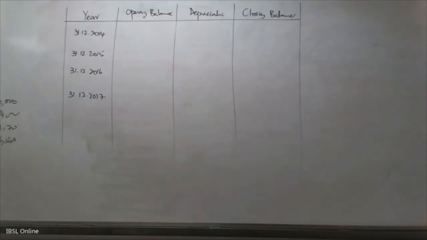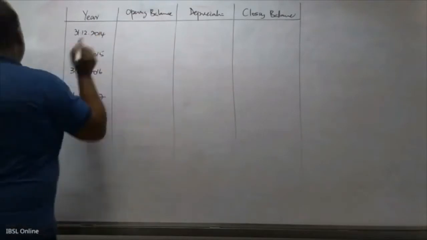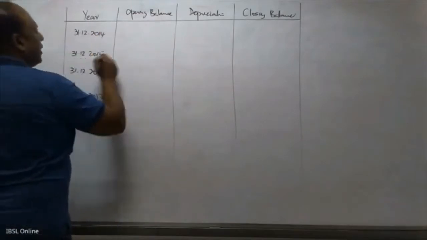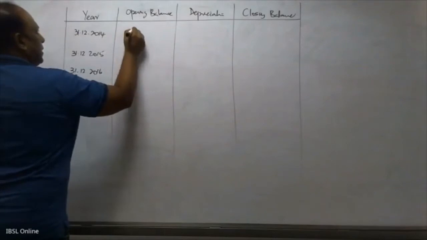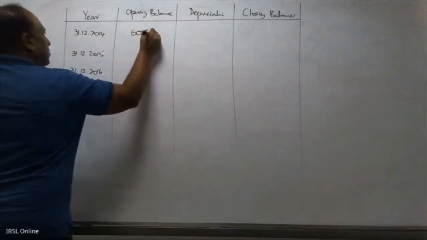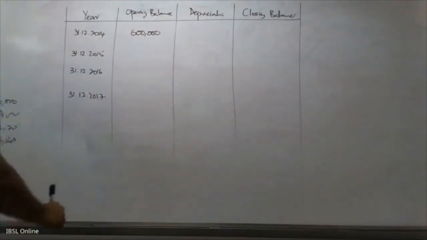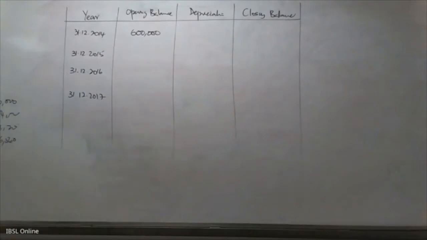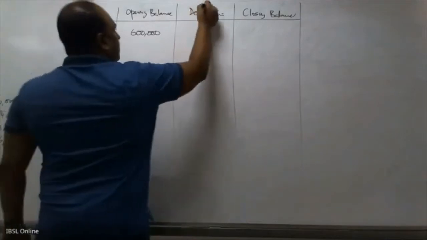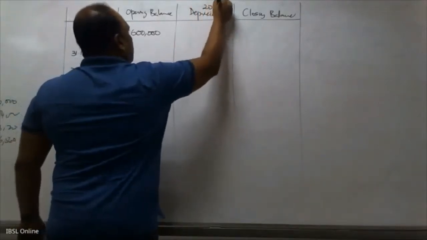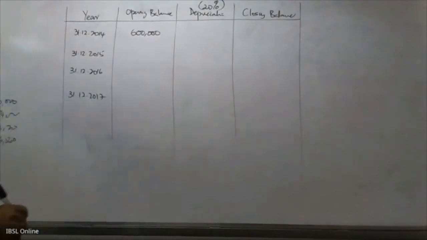Right. Opening balance means as at 31st December 2014, when you look at this asset, it was 600,000. But for the first year, that is the year ended 31/12/2014, you had to depreciate this asset for 8 months. Can you remember? You have to depreciate it for 8 months.